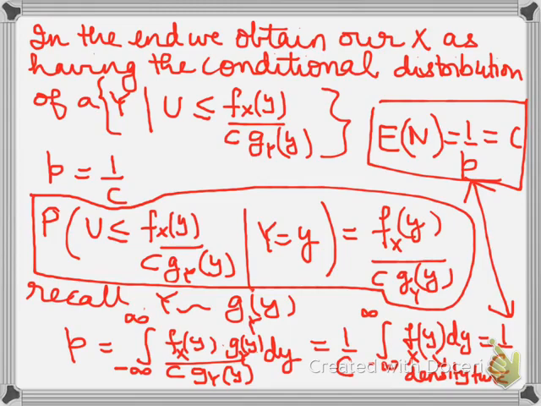So this expected value of N equal to c is also called the bounding constant.